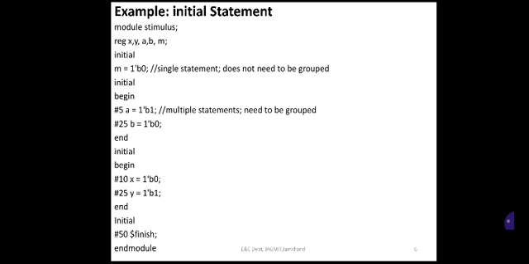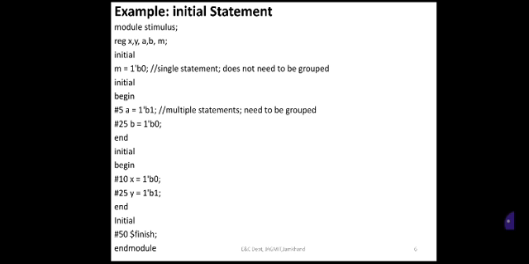That means it ends at 30 time units, that is 25 plus 5. So the last statement first begins at 5 time units, then ends after 25 more, so at 30 time units it is going to end.